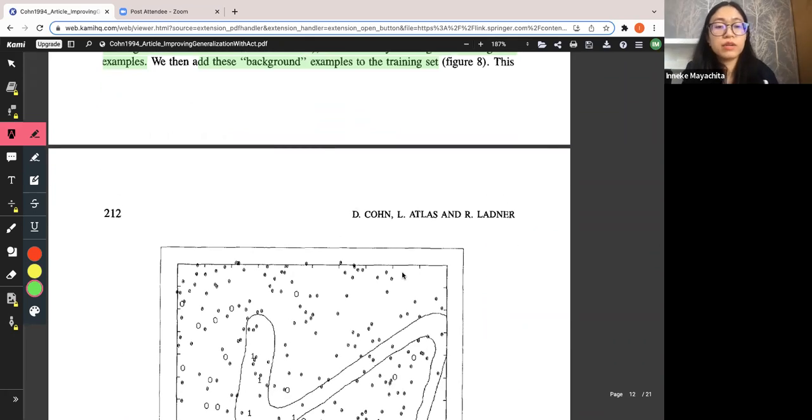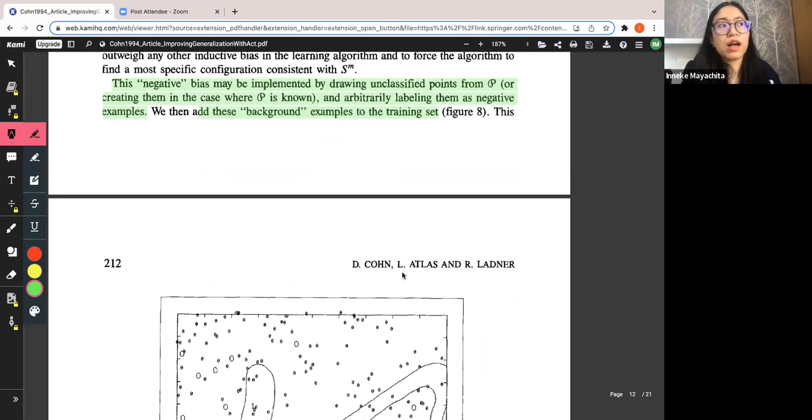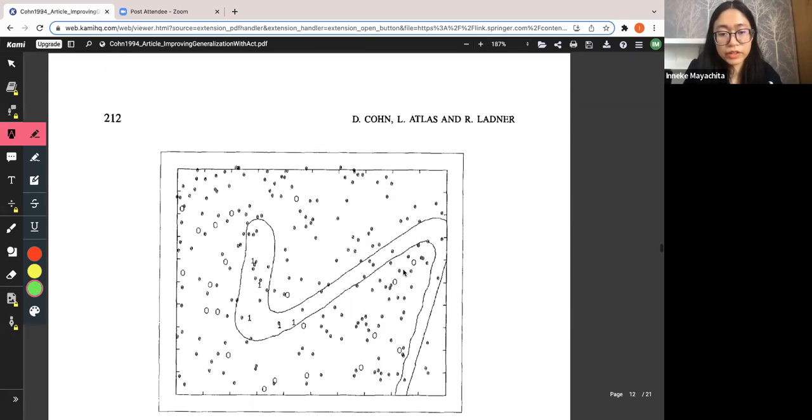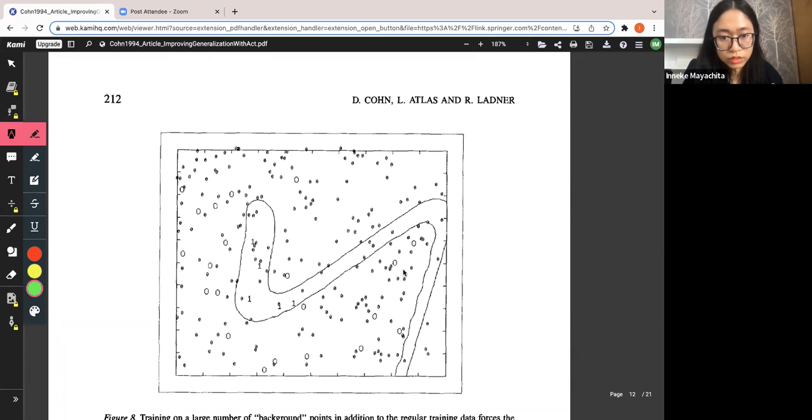In other words, we treat the new unclassified points that we sample from the distribution as background examples.